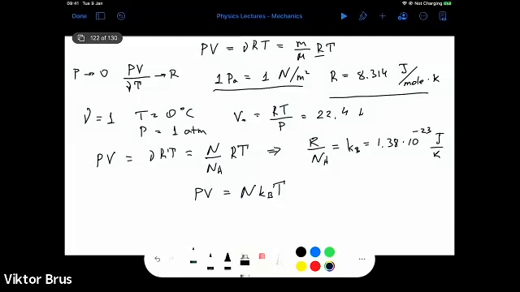So this is another form of this ideal gas equation, which can be very useful in cases when you deal with number of particles or concentration of particles, etc. Then you don't need to calculate number of moles and go for that.